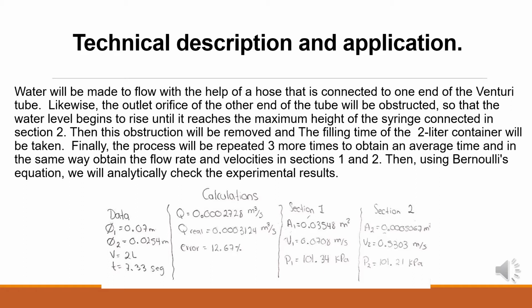Then this obstruction will be removed and the filling time of the two-liter container will be taken. Finally, the process will be repeated 3 more times to obtain an average time and in the same way obtain the flow rate and velocities in section 1 and section 2. Then, using Bernoulli's equation, we will analytically check the experimental results.